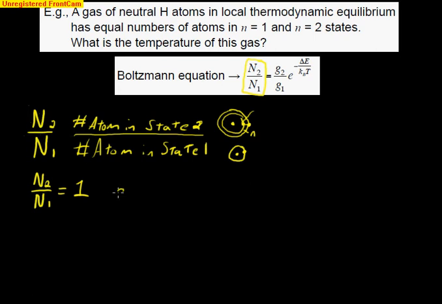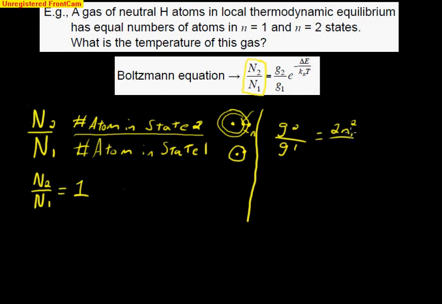Okay, looking at G2, let me erase this and let's start somewhere else. Well, this G sub 2 and G sub 1 is talking about the degeneracy in the nth state. So for hydrogen, it's 2n squared.